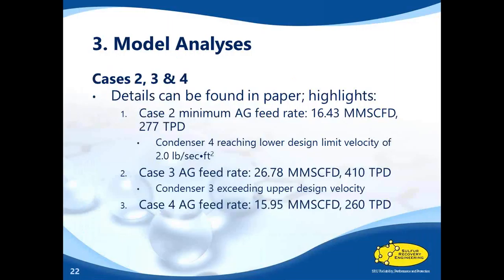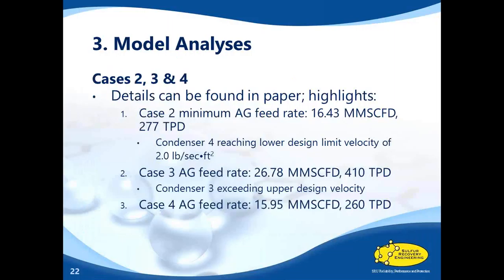In this case, the 4th condenser reached the lower design limit of 2 pounds per second per square foot. So for this particular scenario, this 400 tons per day plant, turn down was defined as this design limit, and the processing capability of the unit ended up being calculated as 277 tons per day.